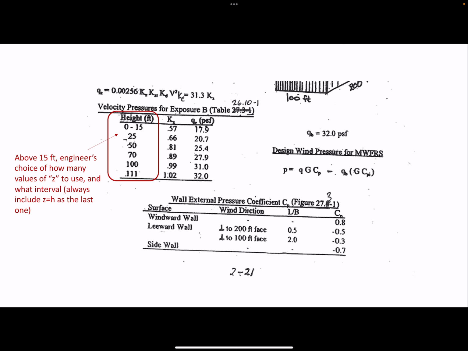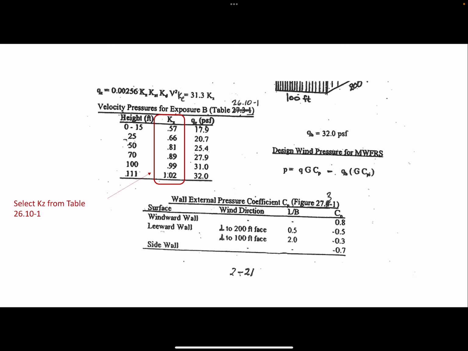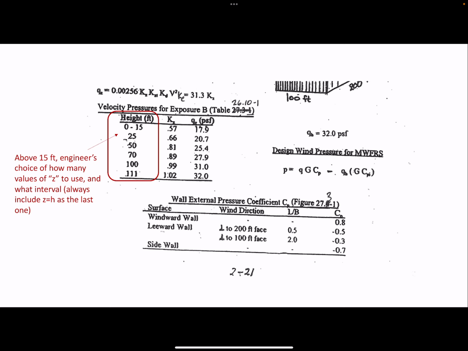If you go to exposure B column, we would select KZ from that value. My note here too is that the heights that are listed in this table are specific to the building. So it tops out at the maximum height of the building, which is 111 feet. And then these intervals, beyond the 0 to 15, you can choose as the engineer how often you want to update that value. It's a good idea to be somewhat refined, but you don't have to go every story, or every 10 feet necessarily.